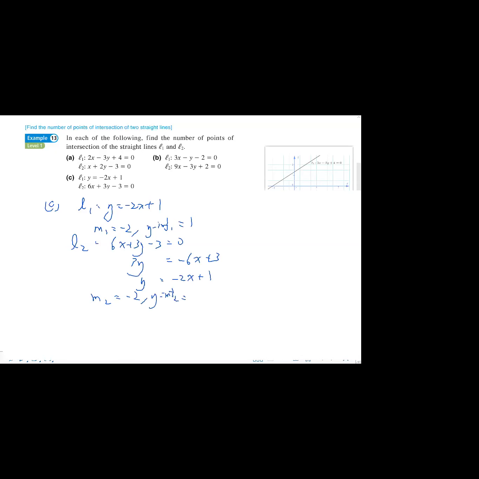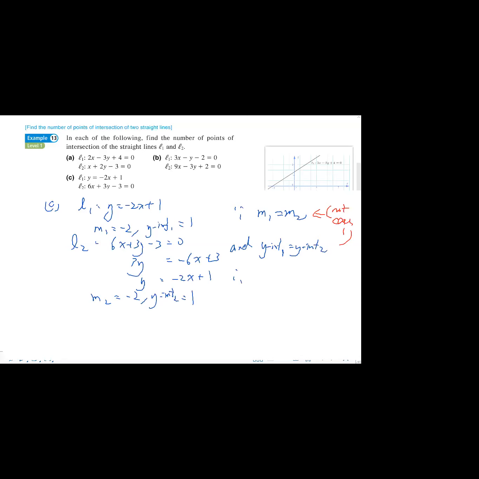And you can see this, because m1 is equal to m2, which means that it is not case 1. And y-intercept 1 is equal to y-intercept 2.